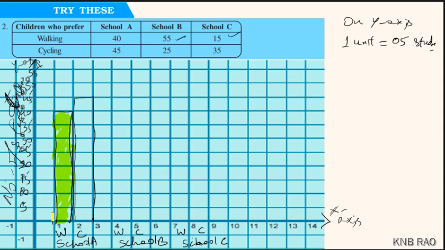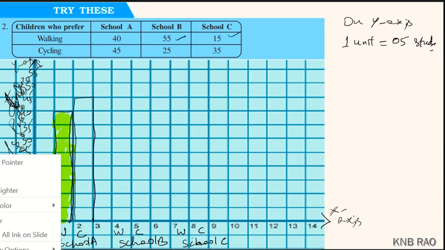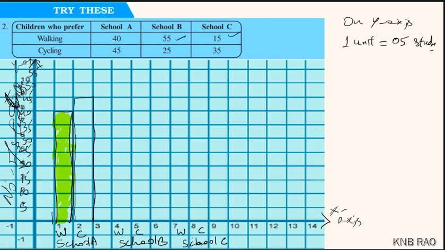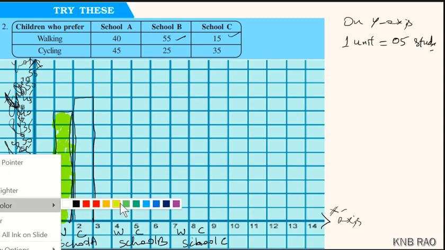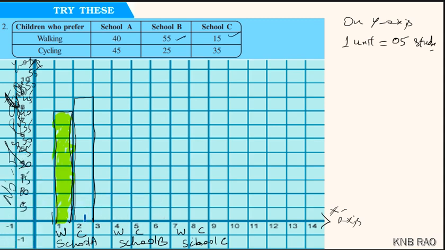For the sake of cycling, I will use some other color. Blue for the sake of cycling.